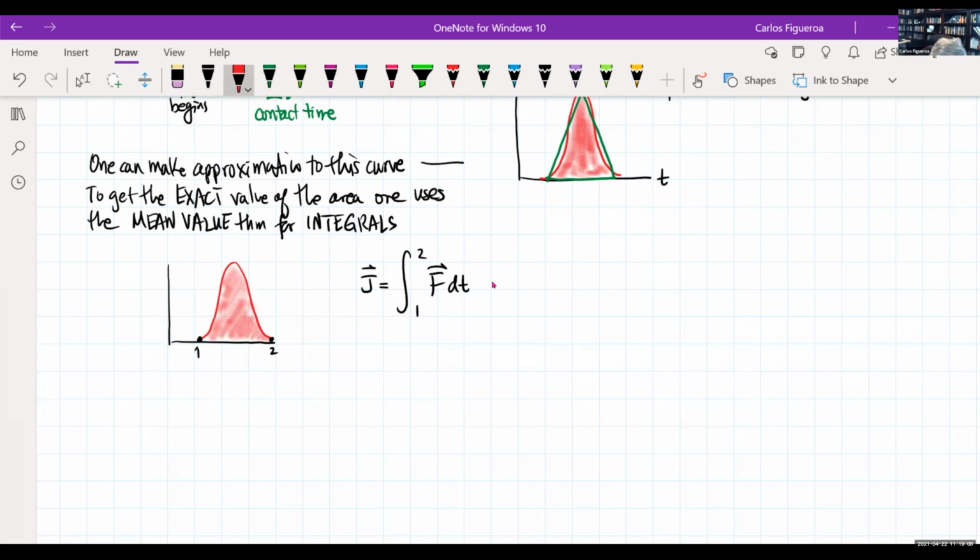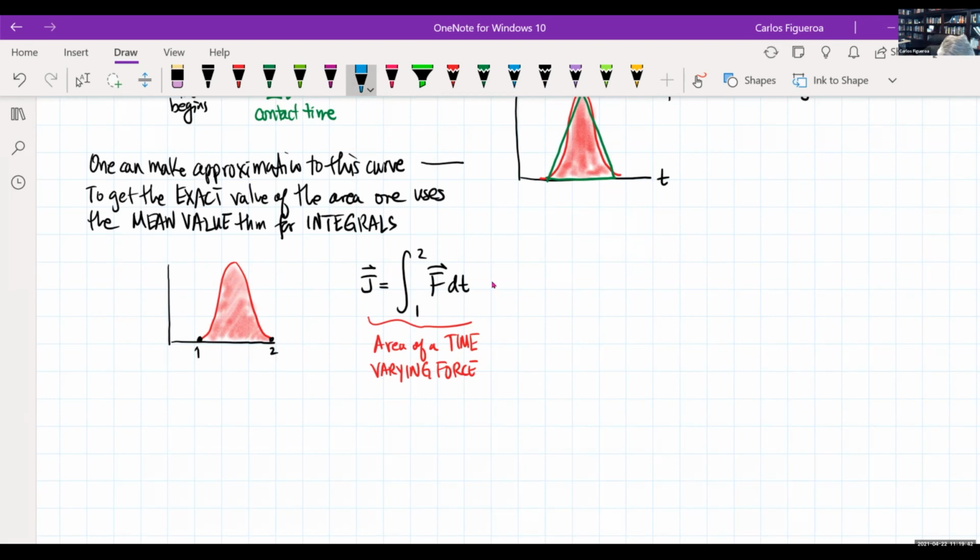So once again, this is the area of a time-varying force. What the mean value theorem does is it says, I'm not going to do that. What I'm going to do is that I'm going to calculate something called an average force.